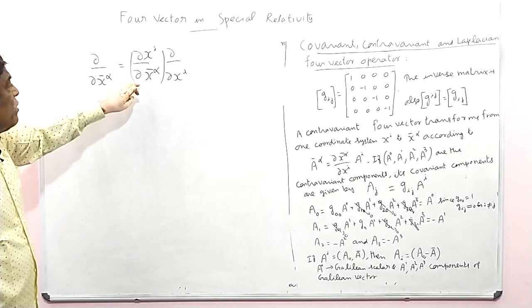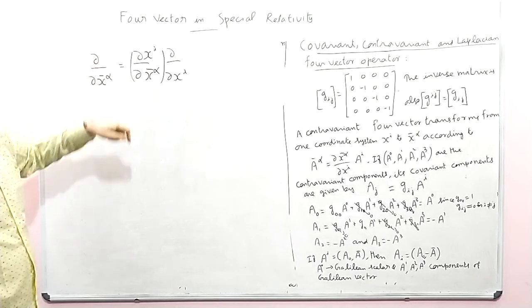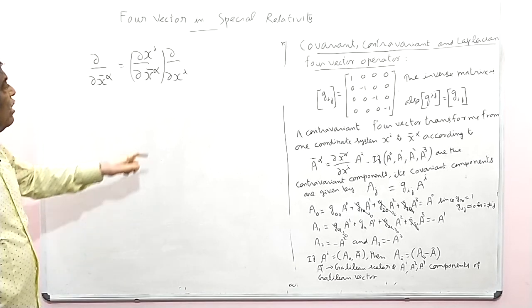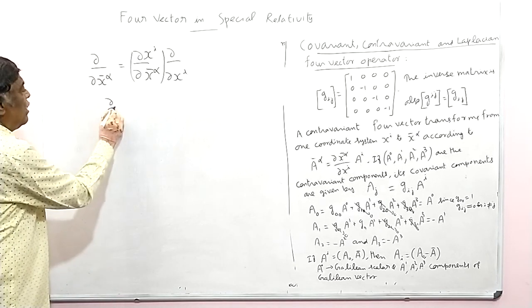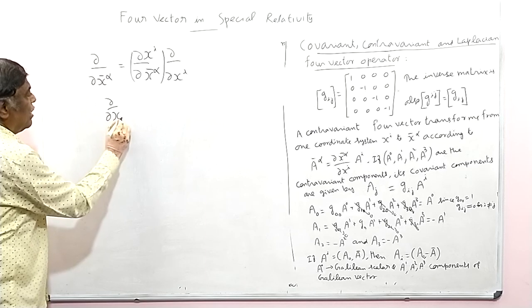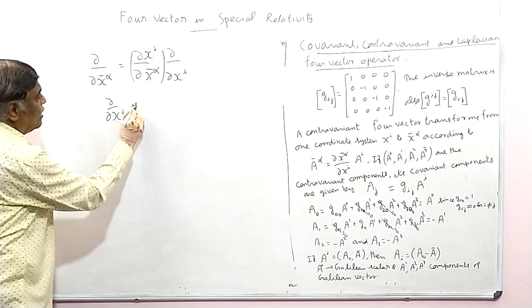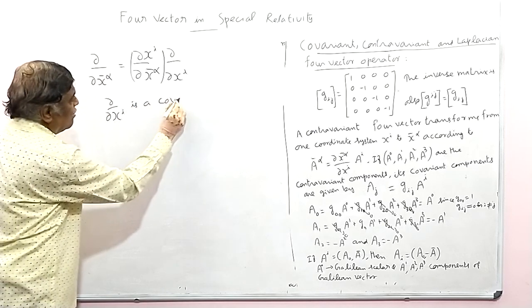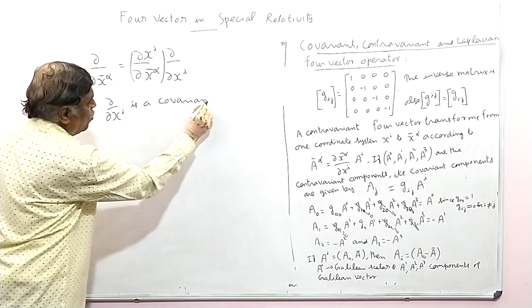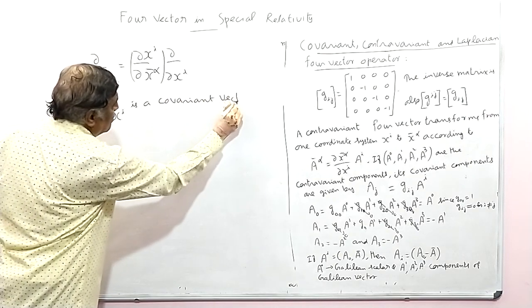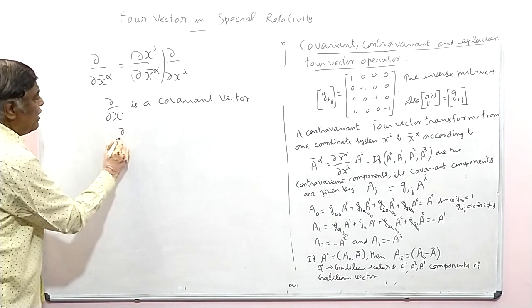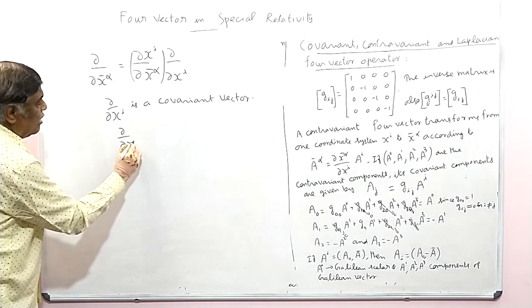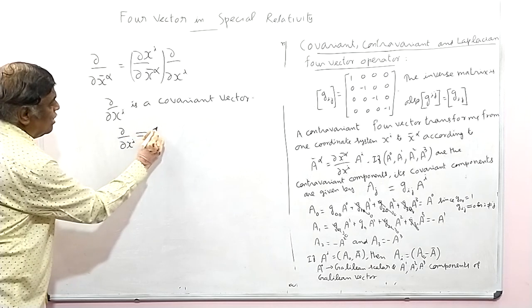From this transformation, this is the transformation for a covariant vector. So d by dx^i is a covariant vector, and it can be expressed as partial d suffix i.